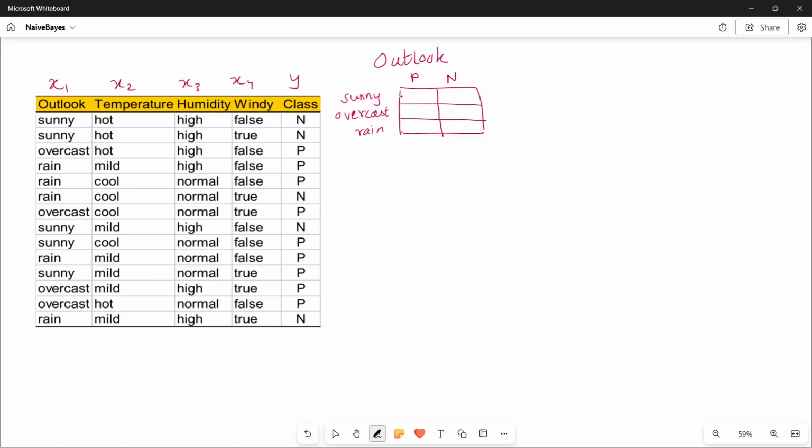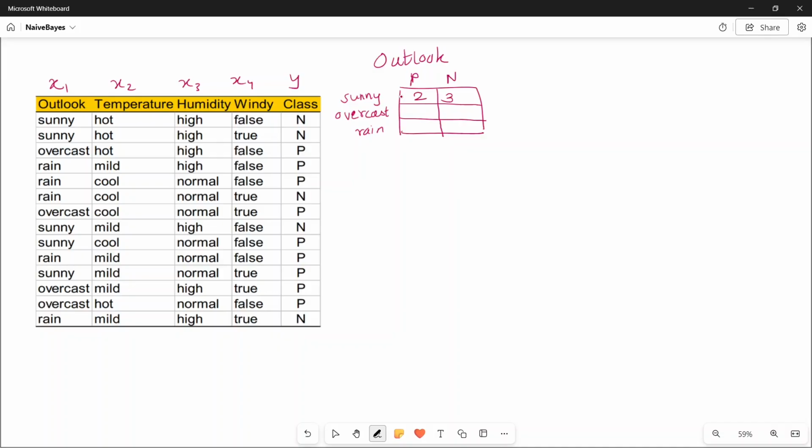First I'll count how many times it's sunny and the class is P. If I count, there are only 2 times that it is sunny and the outcome is P, and 3 times that the outcome is N when it is sunny.